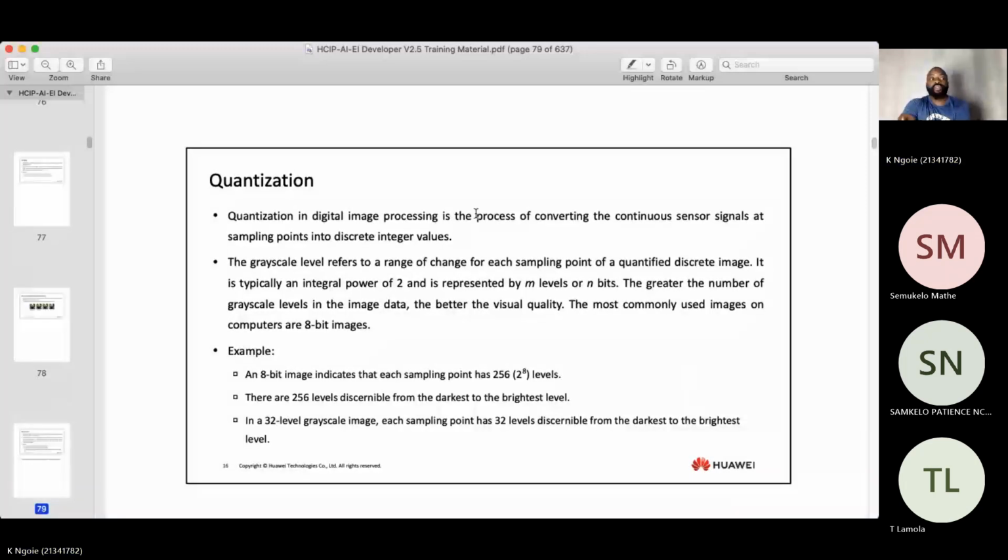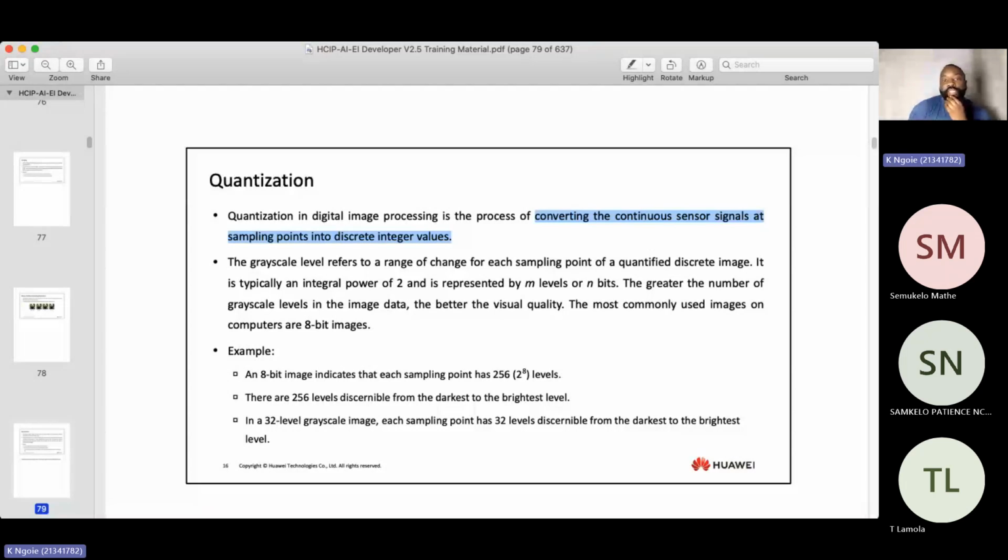quantization in digital image processing, this is just the process of converting the sensor signals into discrete integer values. So what does it mean? This is the next crucial step after sampling in the image digitization process.